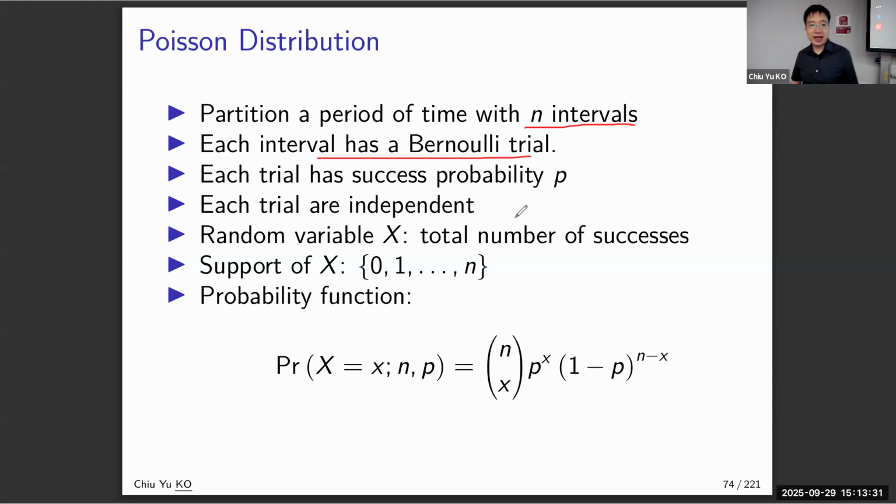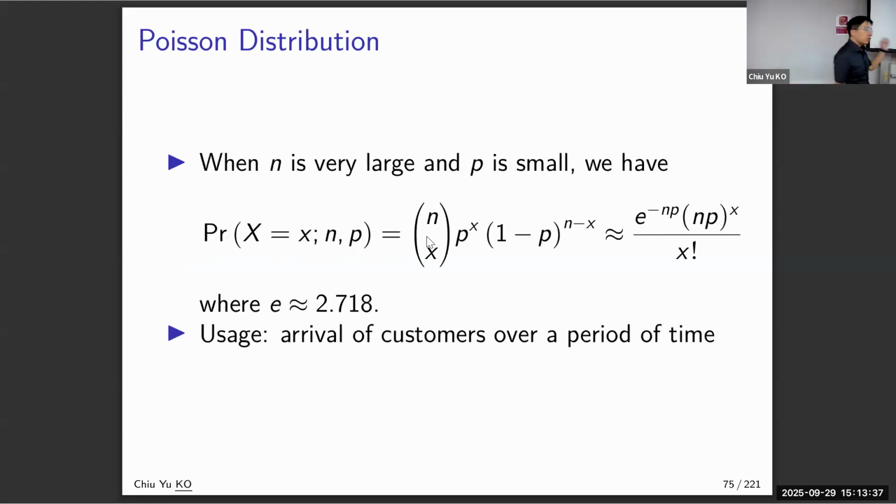The only new thing is when n is very large, this formula can be simplified to the following. When n is large, P is very small. Turns out that we don't need to worry about the combination. I don't want to deal with the math, but this guy can be approximated by this guy.